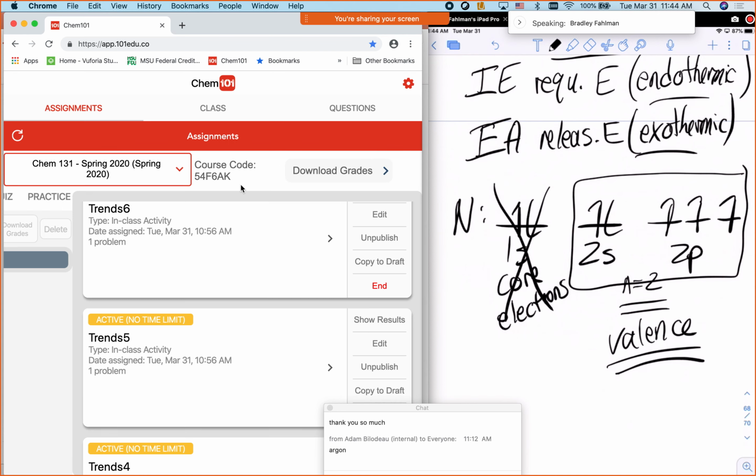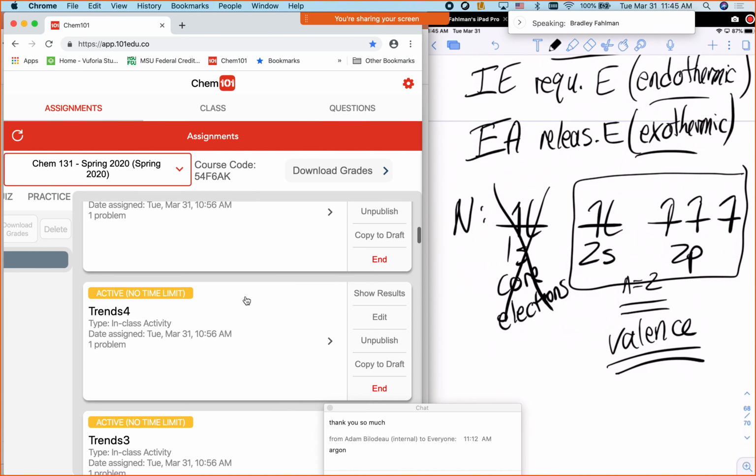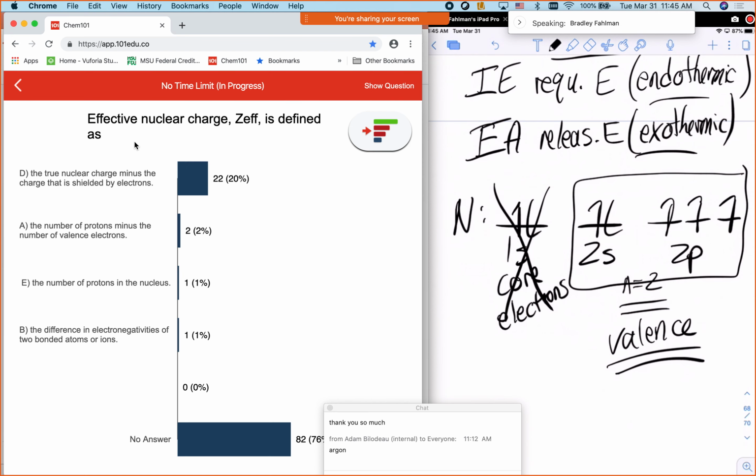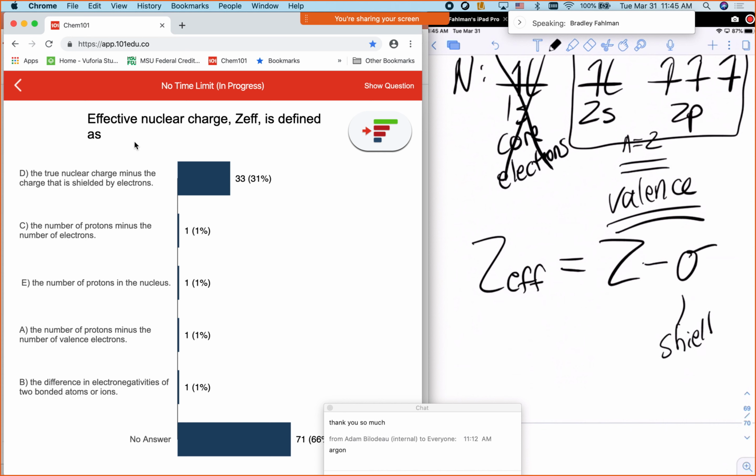Trends 2. Okay, there we go. So effective nuclear charge is equal to its full nuclear charge minus some shielding factor.